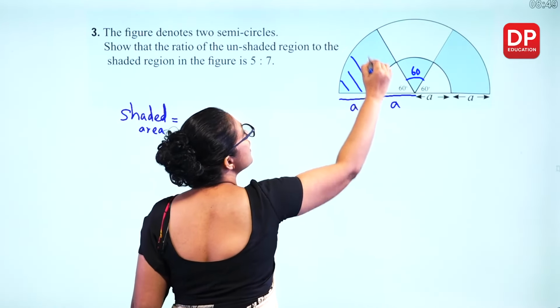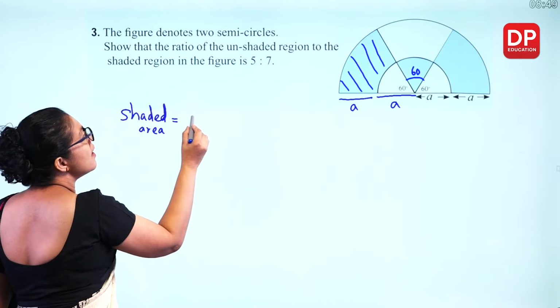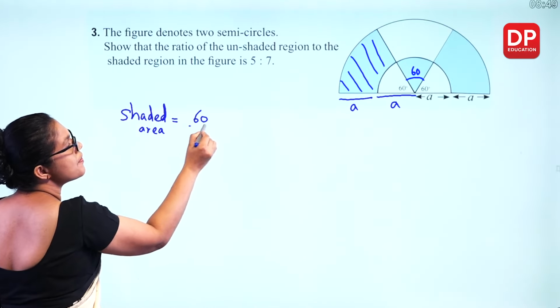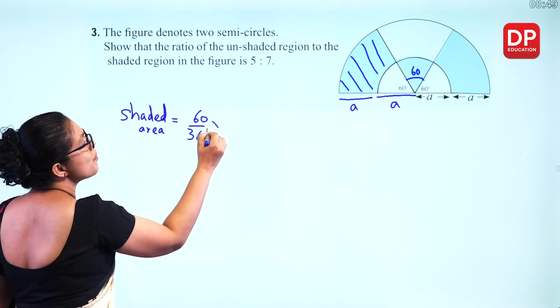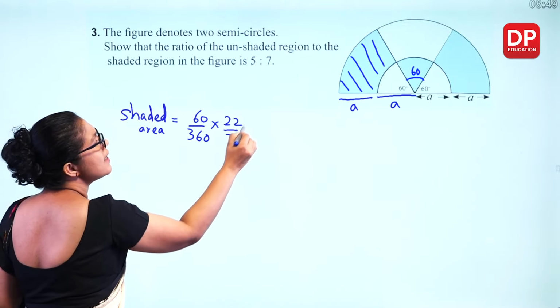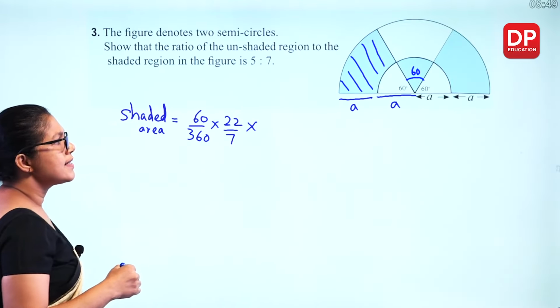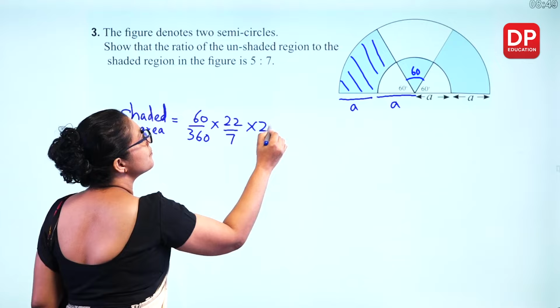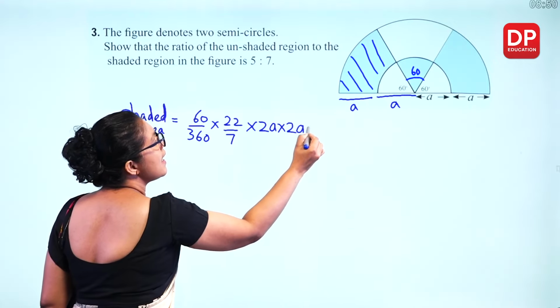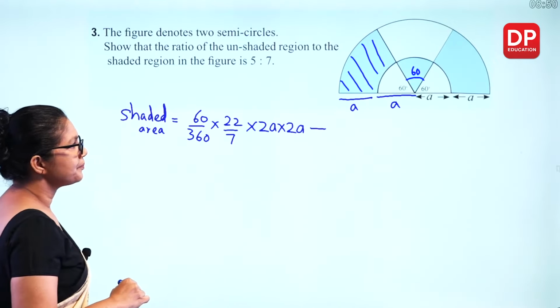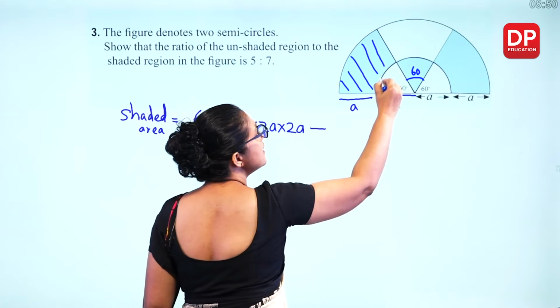So I'm trying to find this part. It's 60 divided by 360 into pi, 22/7, into radius 2A into 2A, and subtract the smaller area.